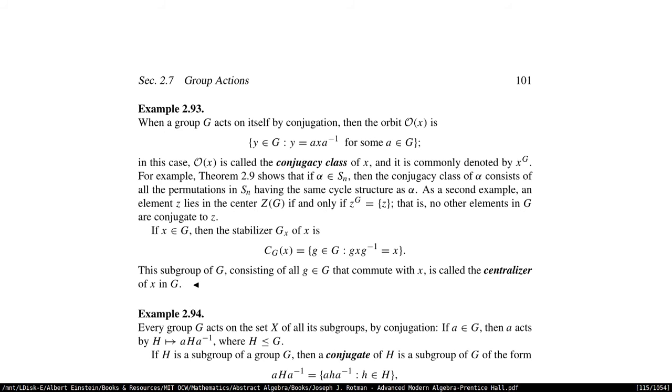And as A is equal to X B X inverse, A is equal to X B X inverse.